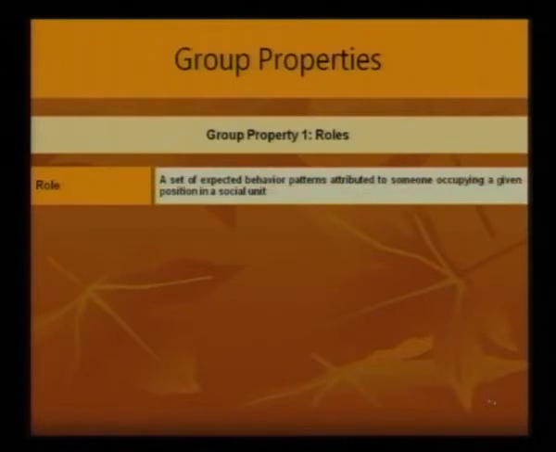Now, the first group property is rule. When you talk about rule, here we are talking about a set of expected behaviors, those behaviors which are expected of individuals within the social unit. Of course, when you talk about the social unit, here we are talking about the group.